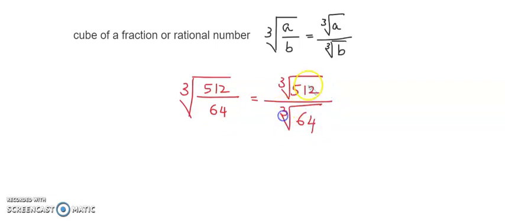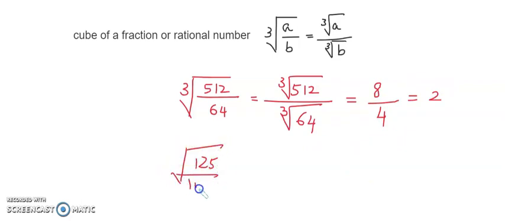Did I split the cube roots individually for numerator and denominator? Now 512 is 8 cube, so cube root of 512 is 8. And 64 is a perfect cube of 4. 4 cube is 64, so cube root of 64 is 4. And that will simplify as 2. Am I clear?